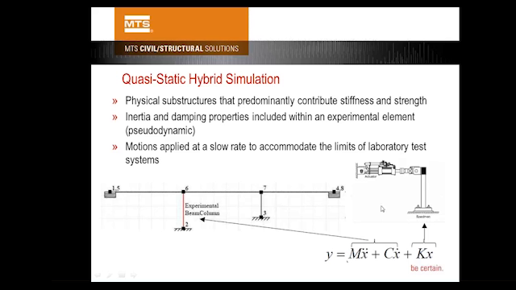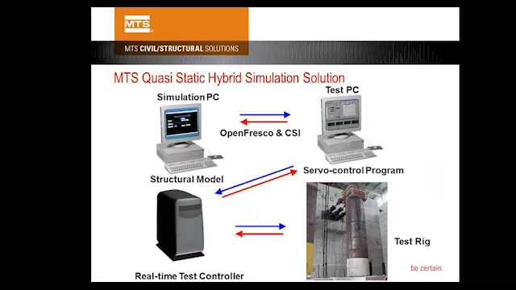Then you can save a lot of money. You don't need to use fast actuators, and you don't need to do real-time hybrid simulation and a lot of compensation, stability issues, stuff like that. So it's much easier and lower investment. So we have our slow hybrid simulation solution to offer.